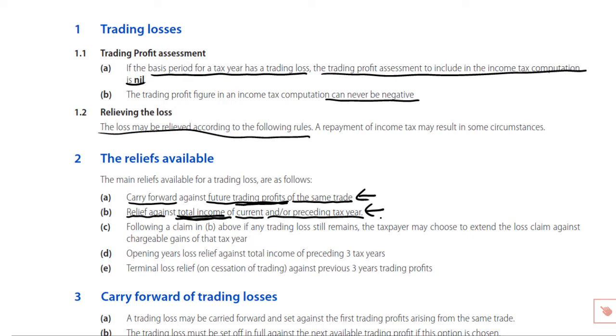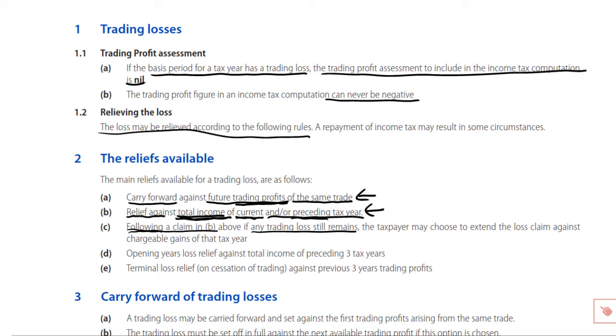Another claim possible. You'll see here there's quite a variety. Following a claim in B above, so if you choose to make a claim against total income, be it the current or the preceding tax year, if having made that claim, any trading loss still remains. Now remember, if this has happened, you have already paid a price, because in reducing the total income to nil to still have some loss left over, it means by definition you must have wasted your personal allowance.